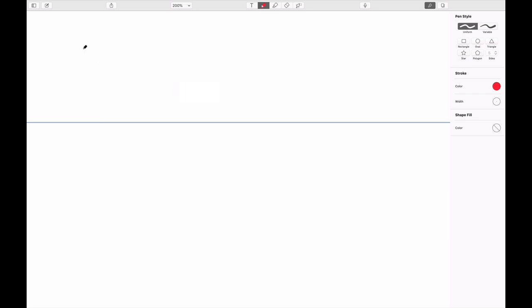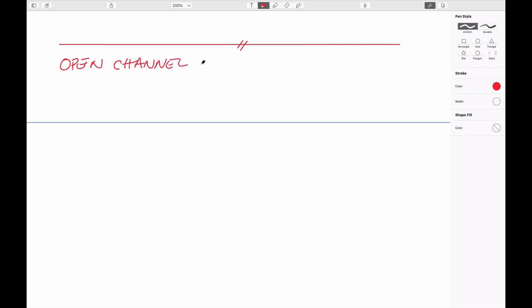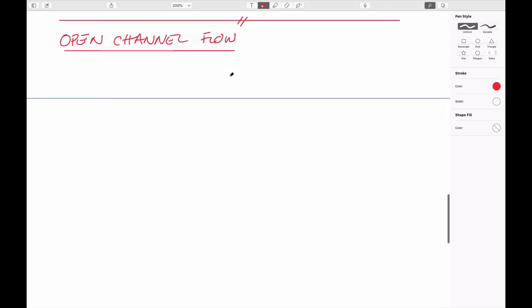And so the final item is for open channel flows. The material that we covered was for gradually varying flows, rapidly varying flows, and uniform flows.